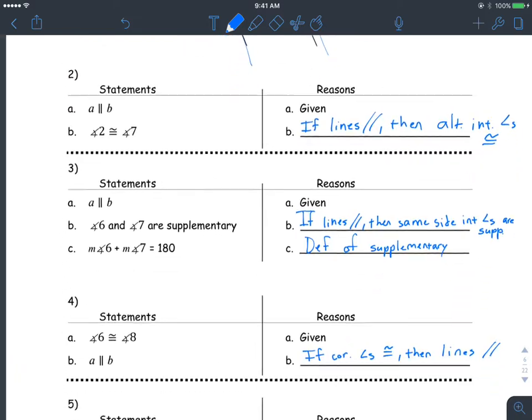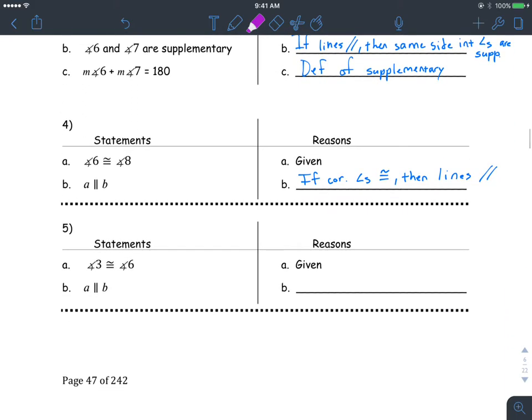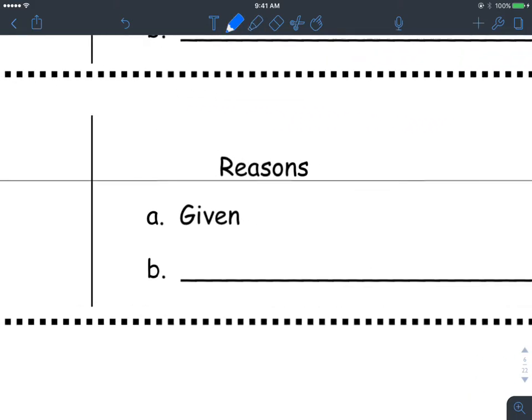So let's see, what do we have? 3 and 6. Let's find where those are. 3 and 6, there they are right there. So we're starting out saying that 3 and 6 are congruent. Those are alternate interior angles. So then we'll use the alternate interior angle converse theorem.